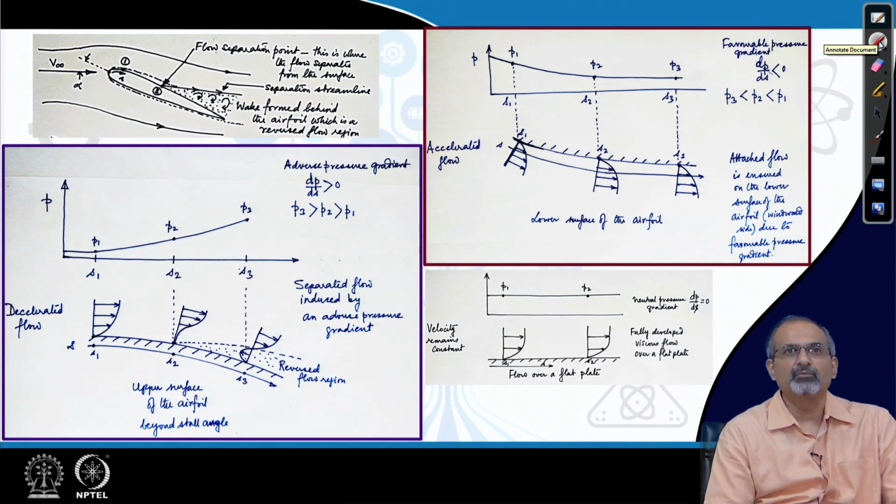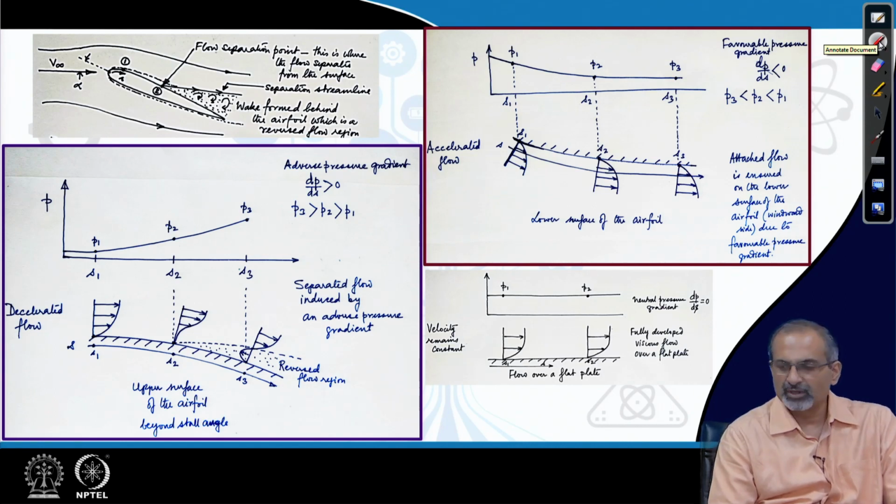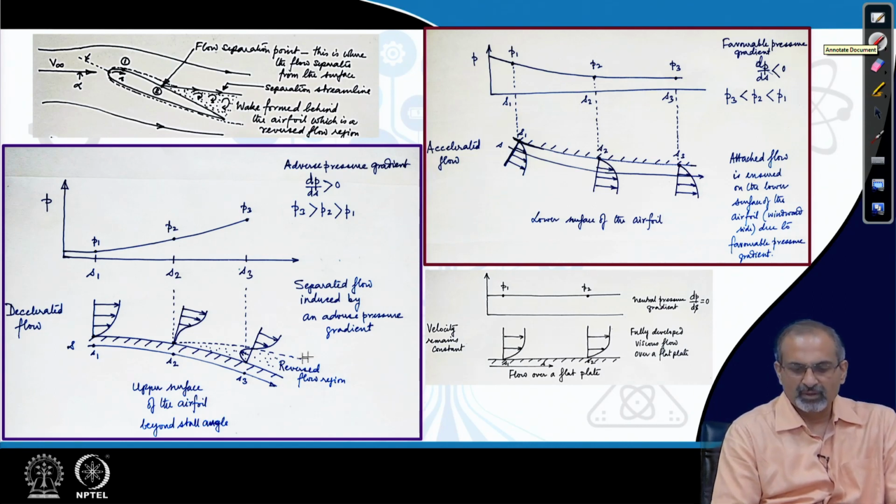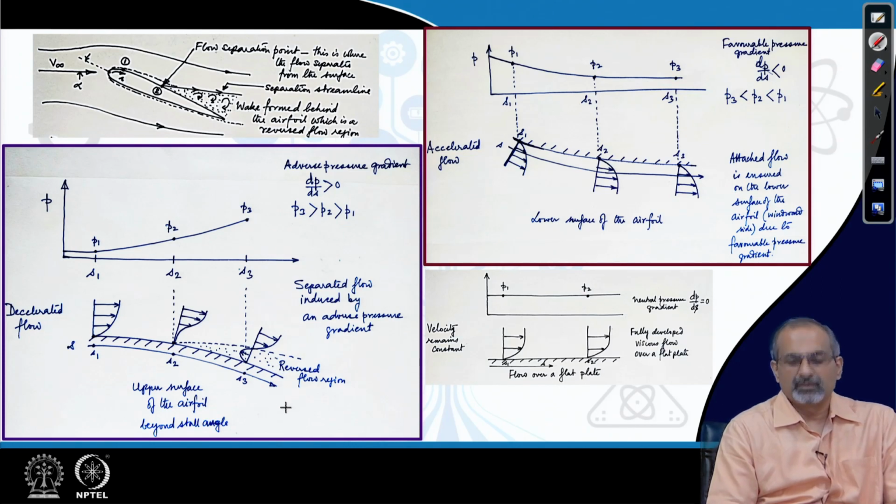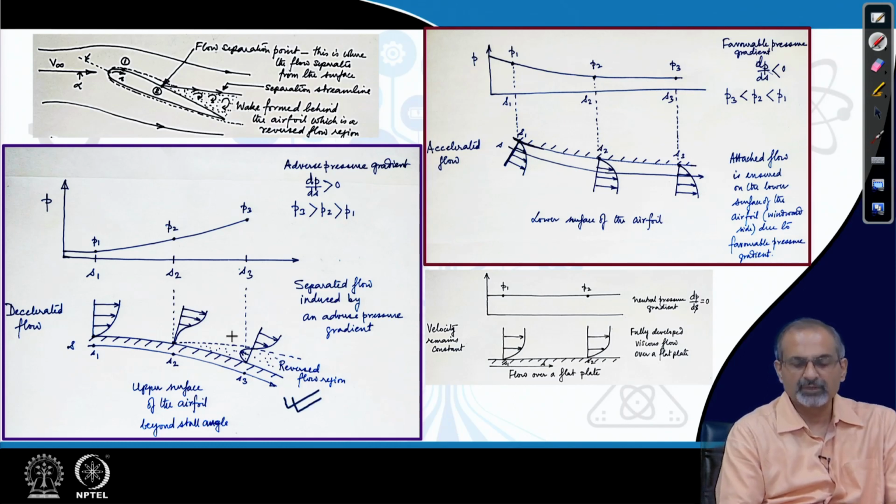Let us look at some more details, and here we are going to focus on the role of adverse pressure gradient. So, let us see what that means. In a geometry of the body which looks like this, the flow will gradually decelerate by virtue of the geometry.